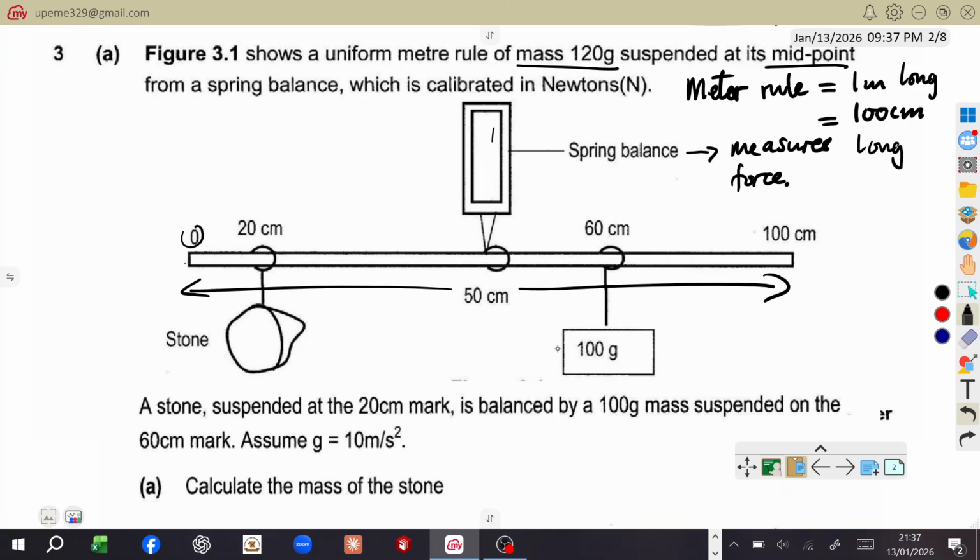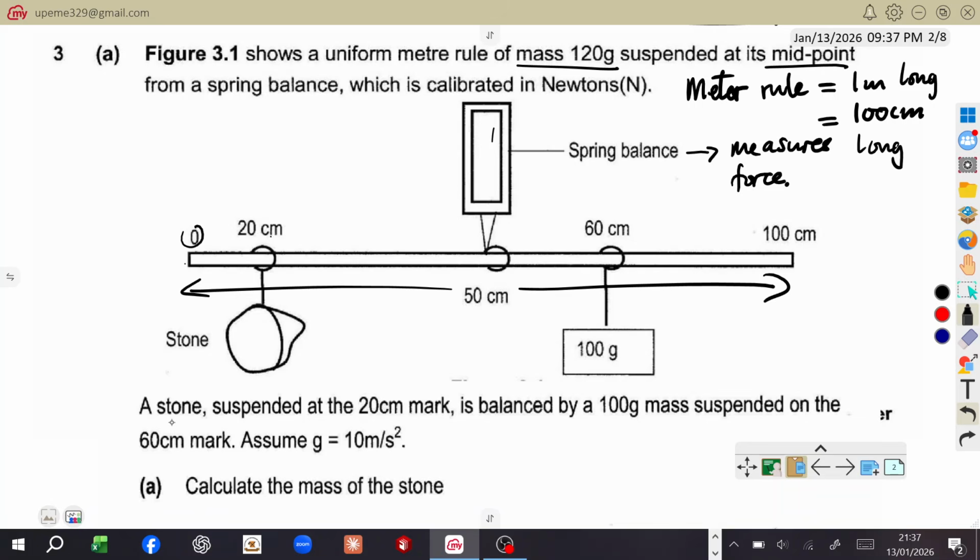Then we have a 100-gram object placed at 60 centimeters. So we have 0, 20, then 50, then 60, then 100. That's what we see.